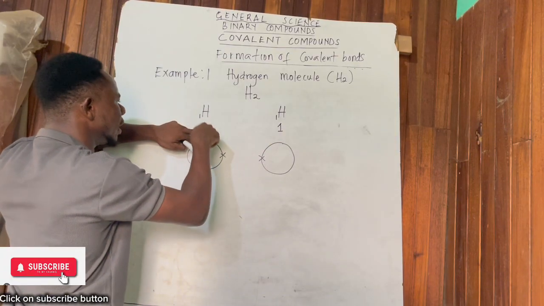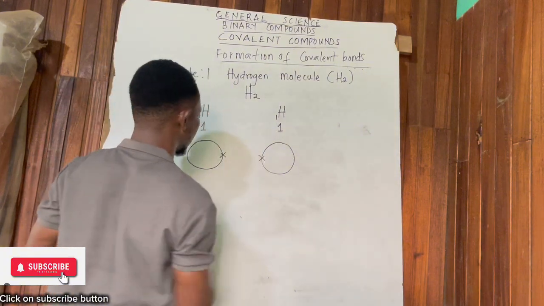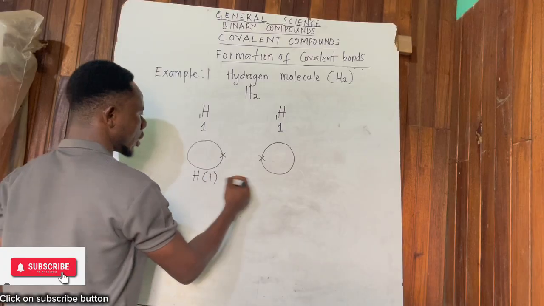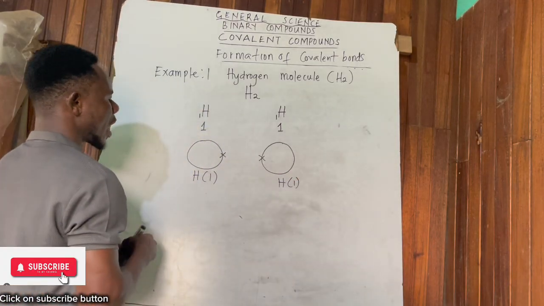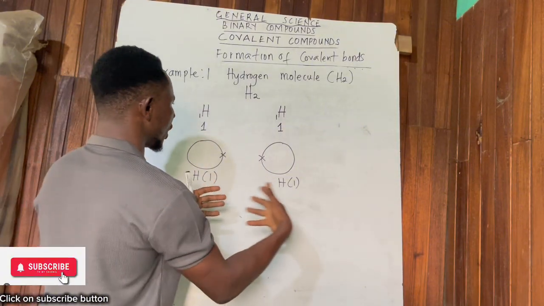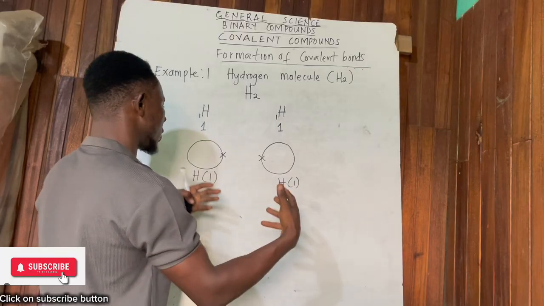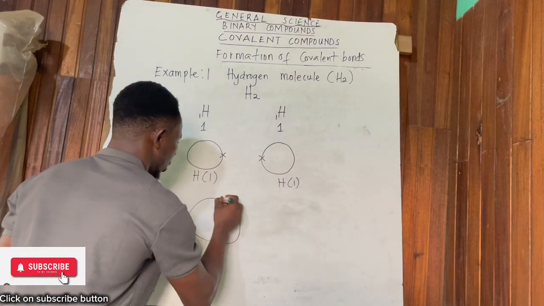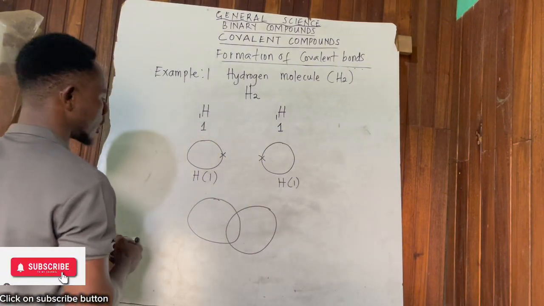The one it needs to be stable is the one that is going to be shared. So I have hydrogen 1, hydrogen 1 like this. They are going to share their electrons so that it will be stable. There is one here, there's another one here.